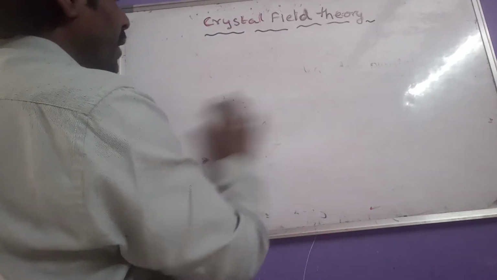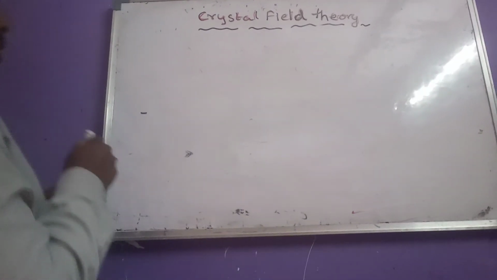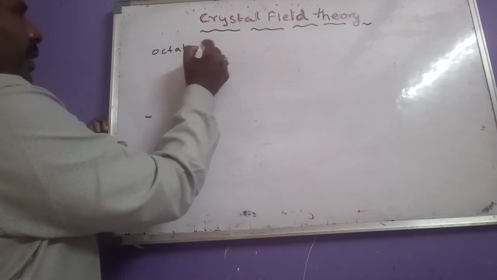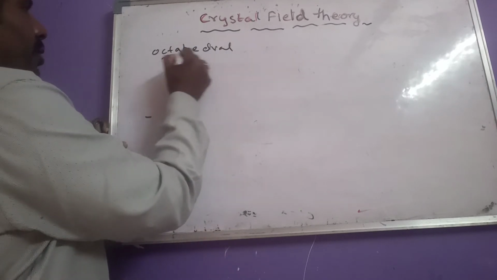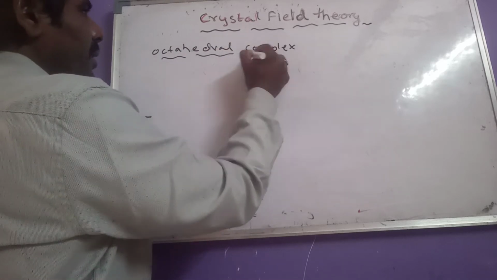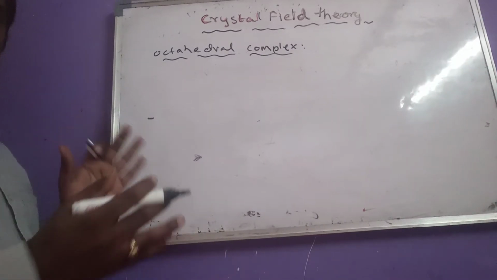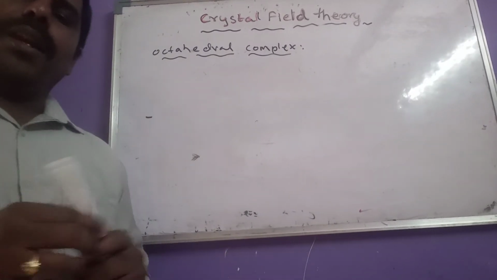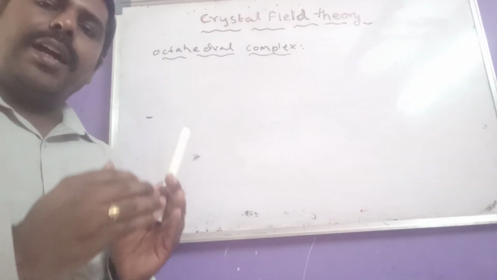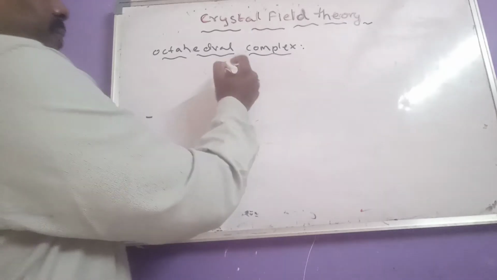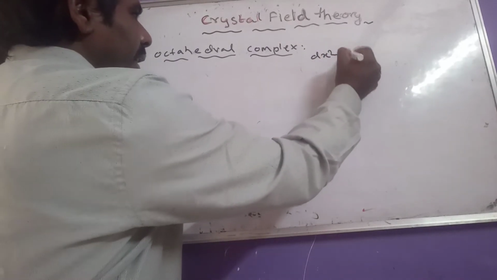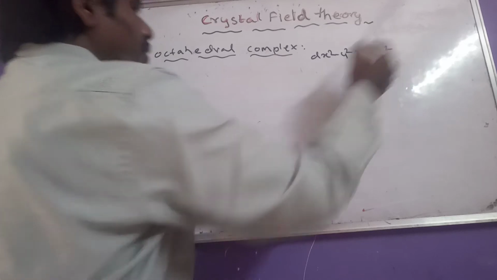In octahedral complexes, ligands approach along the axis. In the central metal atom, the d orbitals present along the axis are dx square minus y square and dz square.